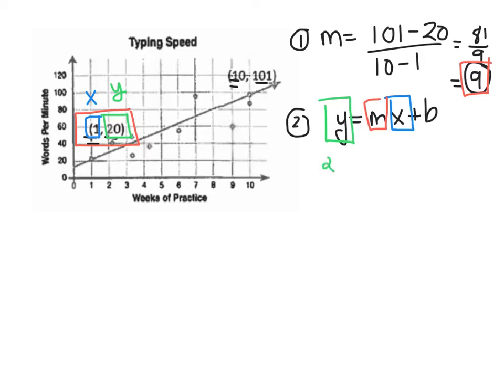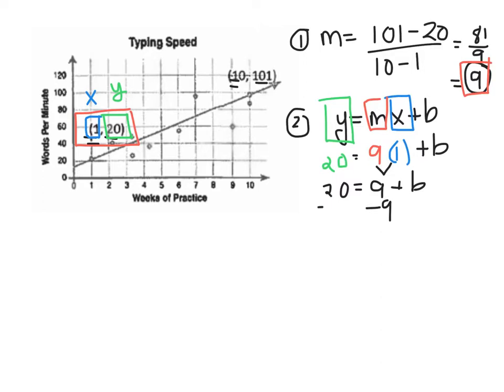So y is 20, m is 9, x is 1, and b is what we are trying to find. We're trying to find what the y-intercept is. So that's going to give us 20 equals 9 times 1, which is 9, plus b.